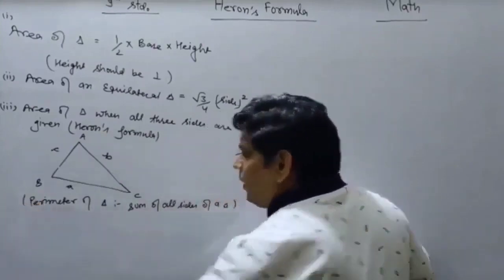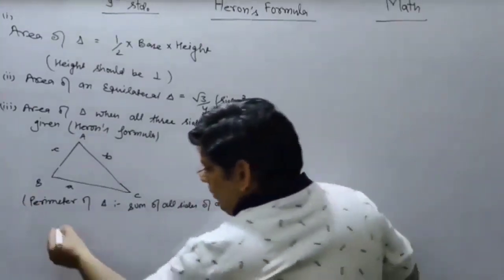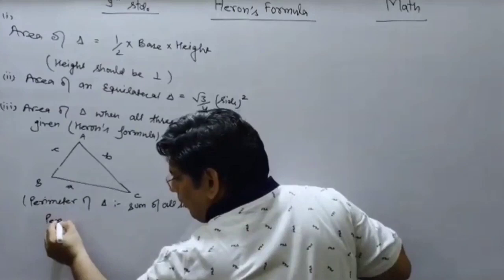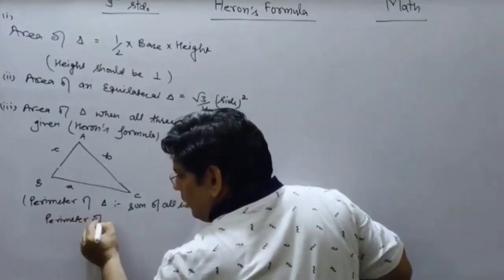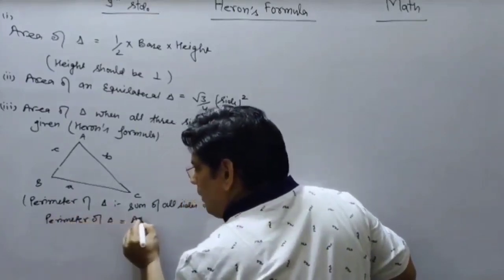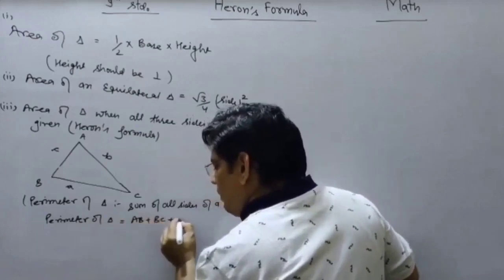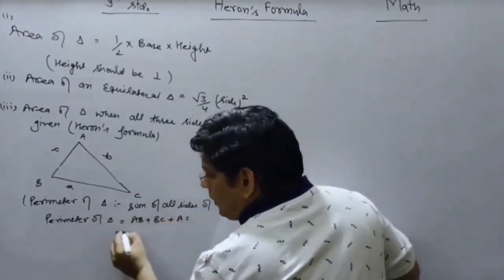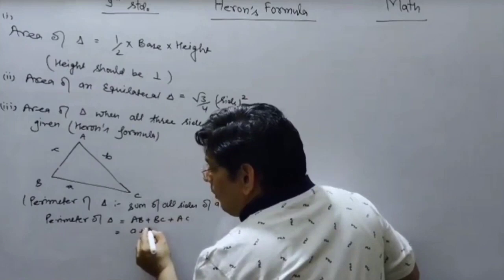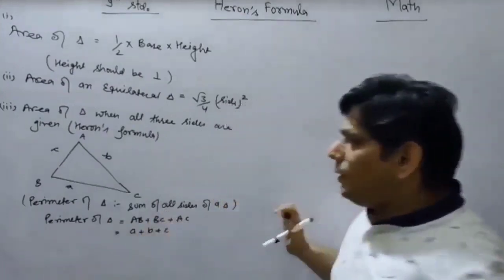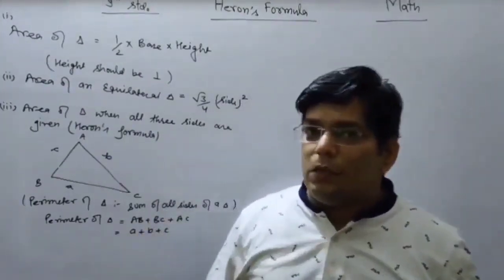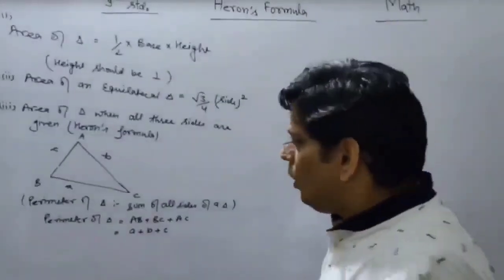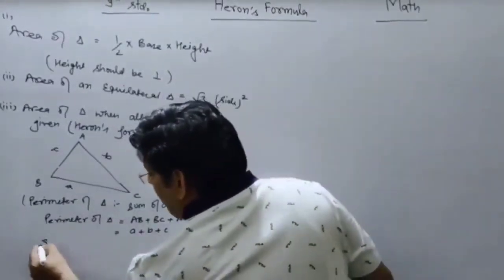So the perimeter of a triangle equals AB plus BC plus AC, or you can also say a plus b plus c.